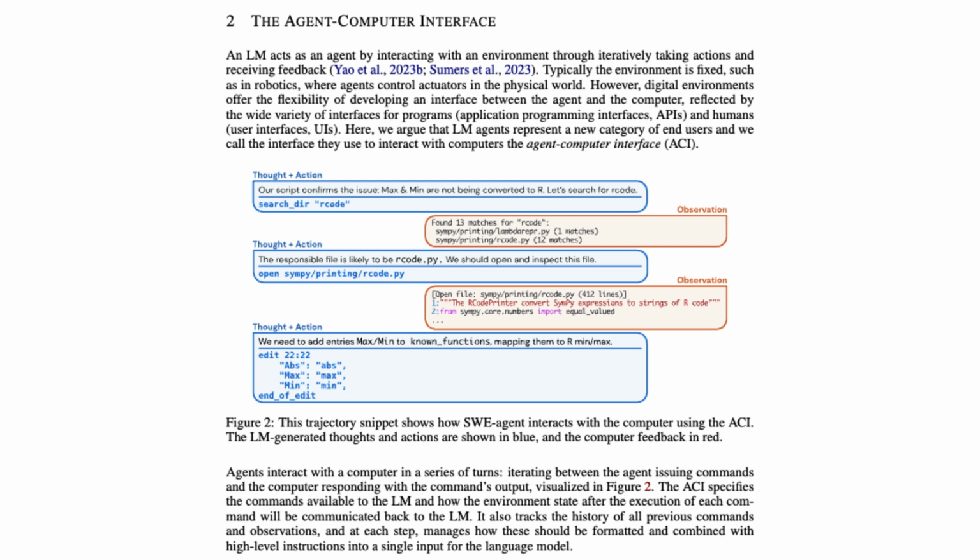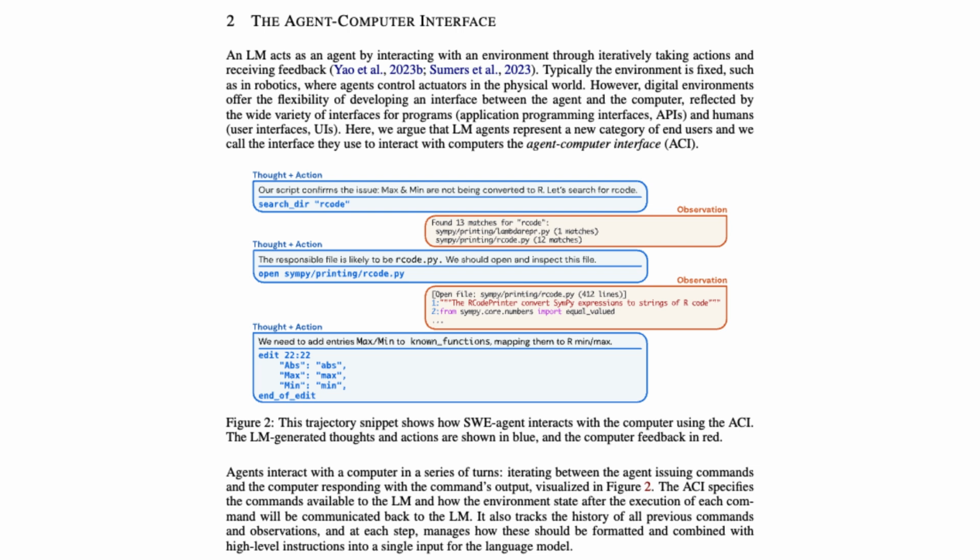However, digital environments offer the flexibility of developing an interface between the agent and the computer, reflected by the wide variety of interfaces for programs, application programming interfaces (APIs), and humans, user interfaces (UIs). Here, we argue that LM agents represent a new category of end users, and we call the interface they use to interact with computers the Agent-Computer Interface, ACI.